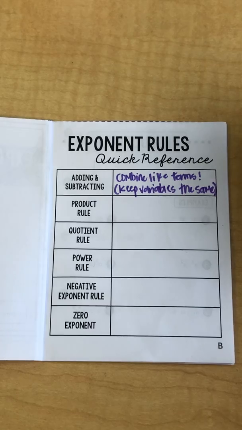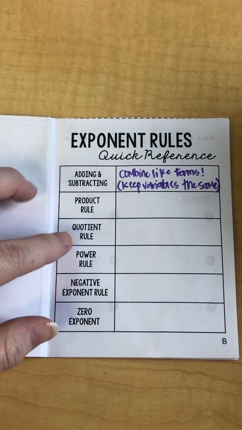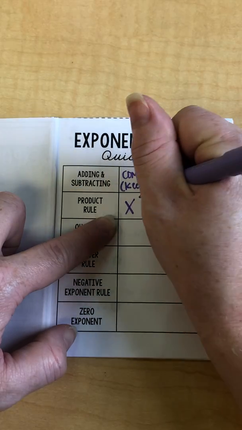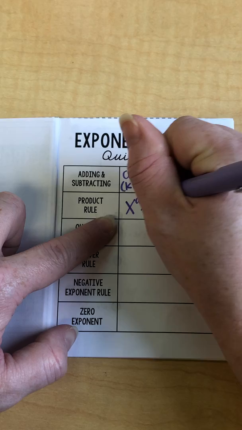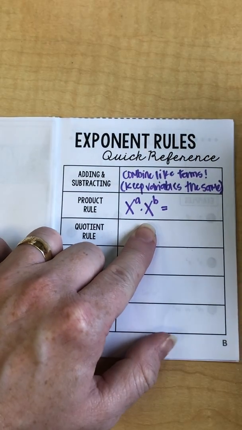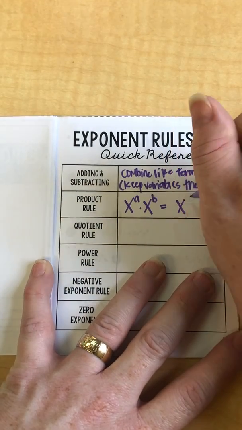Okay? Now, to review the rules that we've talked about multiple times: if I have something like x to the a power times x to the b power, remember I'm multiplying two things together that have the same base, so I'm going to add their exponents.